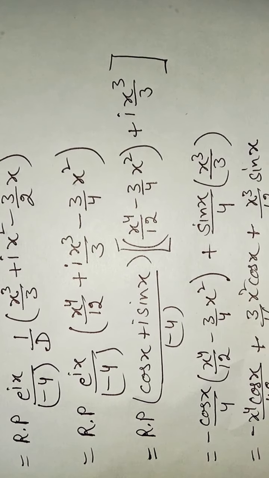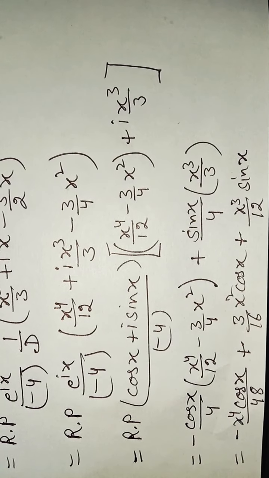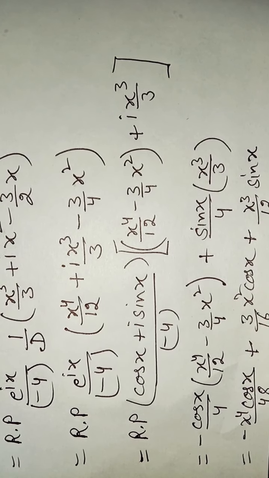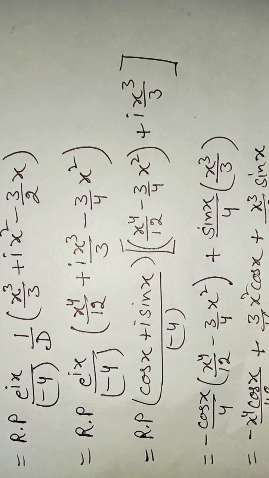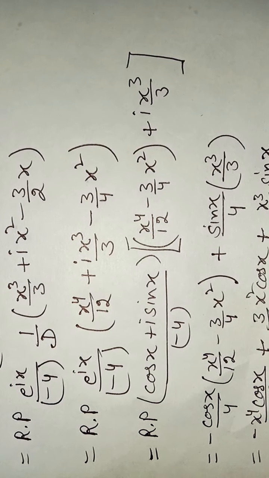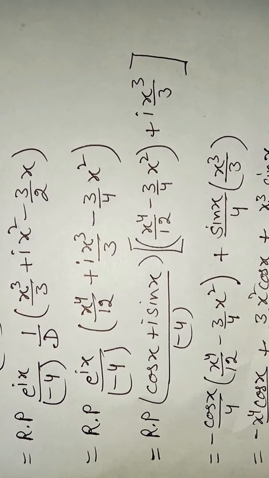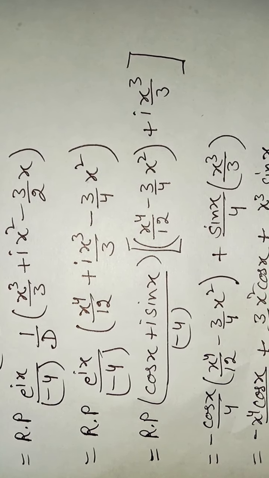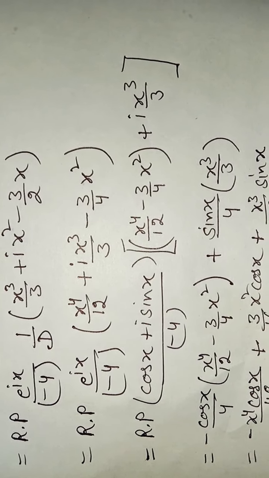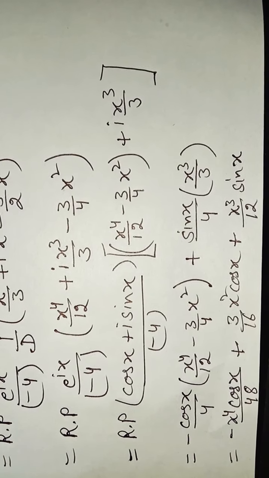Similarly, if the right hand side function Q(x) is the product of three functions, not two, of the form where one of them is an exponential function of the type e^(ax), another one is a polynomial, and the third one is a trigonometric function of the type cos ax, sin ax, then first we separate the exponential function, and then we replace D by D + a.